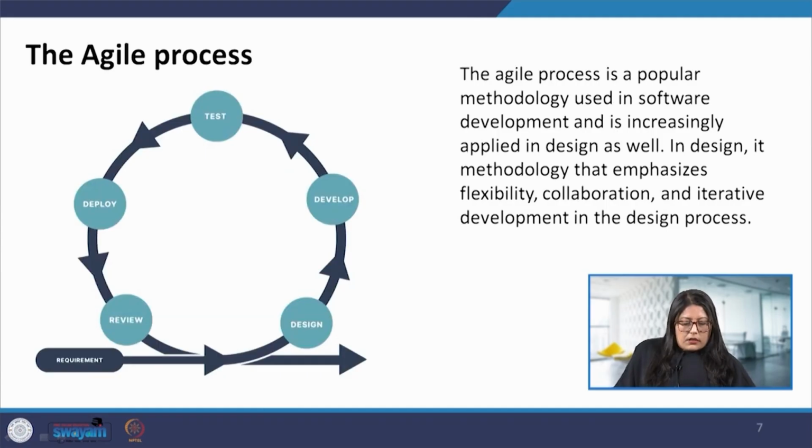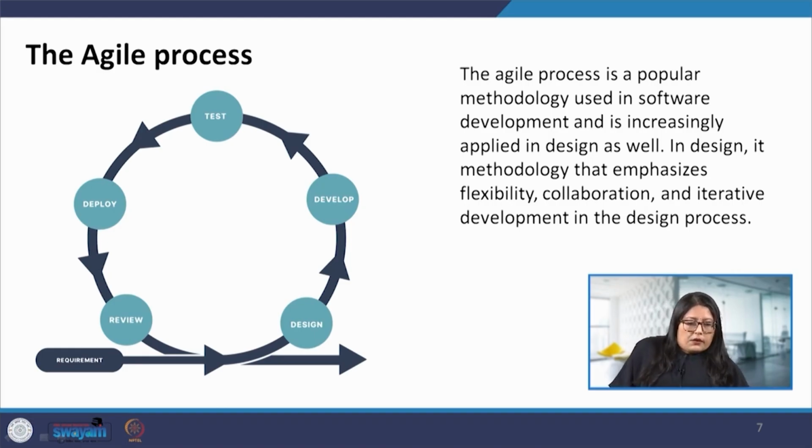Another process that is used here is the agile process. As the name suggests, agile meaning flexible. So this process offers flexibility to the design team, and here the problems are broken into smaller problems.